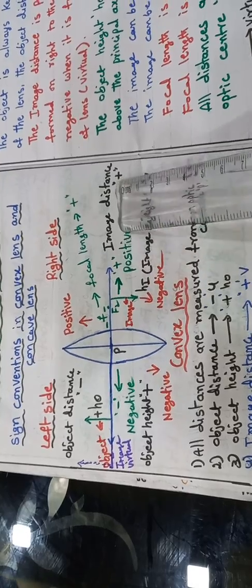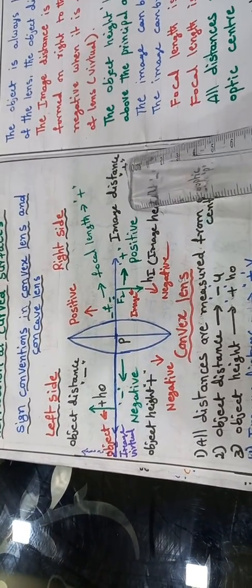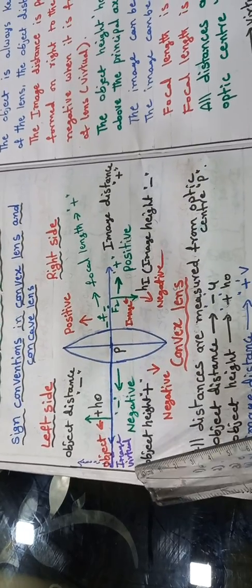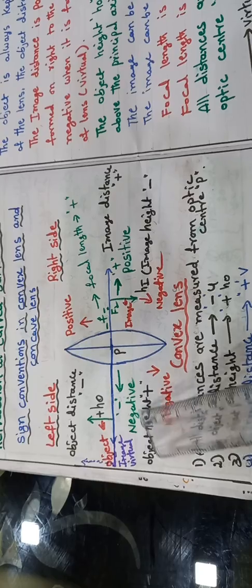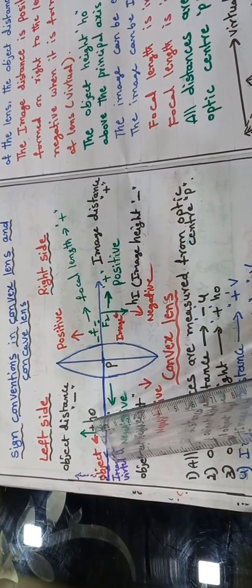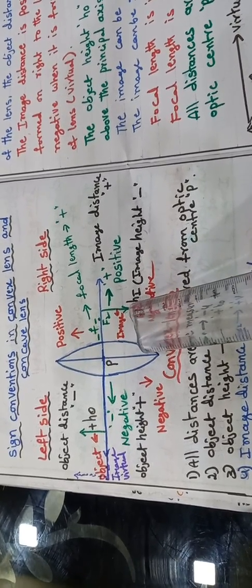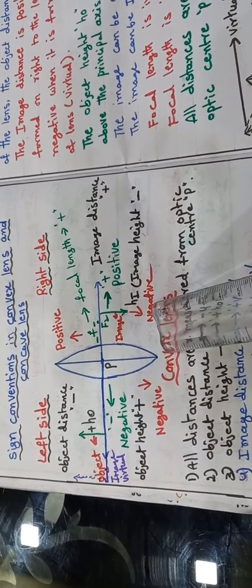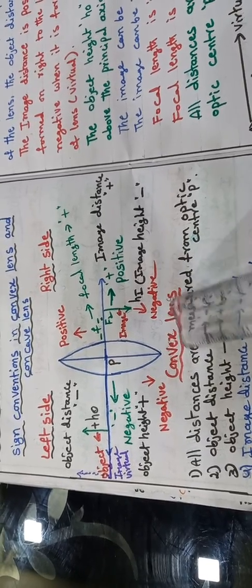So image distance is positive and object distance is negative, and the height of the object is positive and the image height is negative.